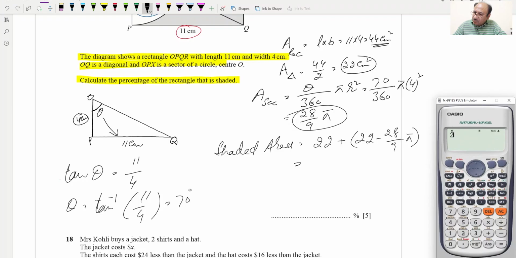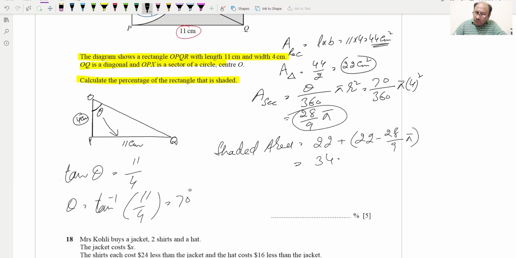We can calculate 22 plus 22 minus the answer, which is equal to 34.226, or we can write 34.23 centimeters square. This will be the shaded area.